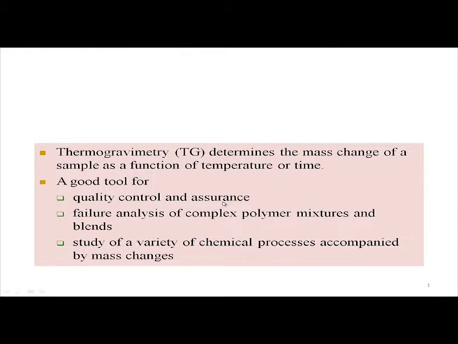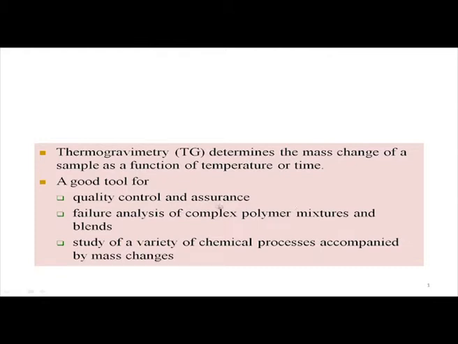Just now I told you that if we want to use the TG for our industrially important sample of cement, or another pharmaceutical industry important sample, your medicine, that means the solid tablets and the capsules, or the solid material or the solid ingredient we use for making the pharmaceutical samples, because you must have the corresponding quality control and the assurance in terms of the simple presence of calcium ion in water samples, or the quality of the cement in terms of the presence of calcium, that means the percentage of calcium should be known to us in a cement sample, or any other calcium bearing medicine or drug or anything.